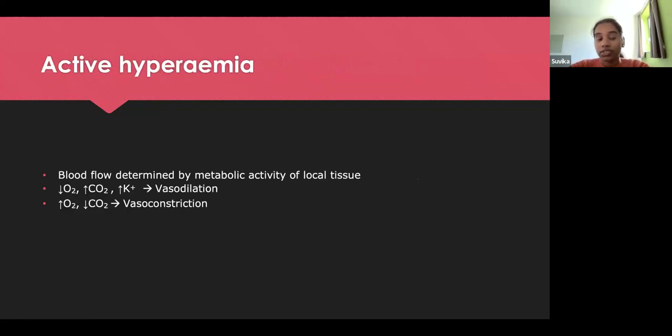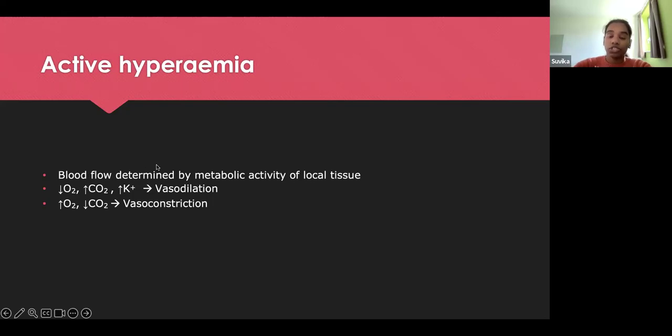You can get active hyperemia, which is essentially where hyperemia means more blood flow to that region, which is determined by your metabolic activity. So again, linking back to your CO2 levels, let's say you have less oxygen delivery, you're going to be producing more carbon dioxide, but also some more potassium as a result, and you get vasodilatation to correct that.